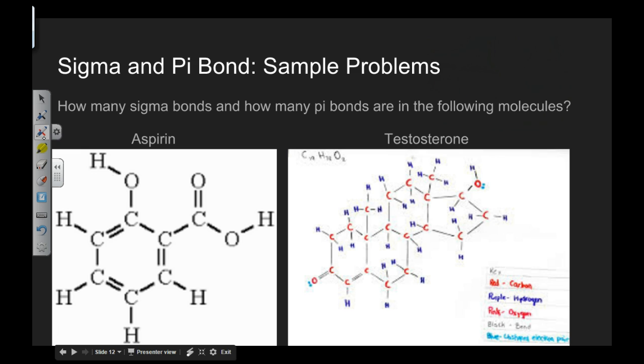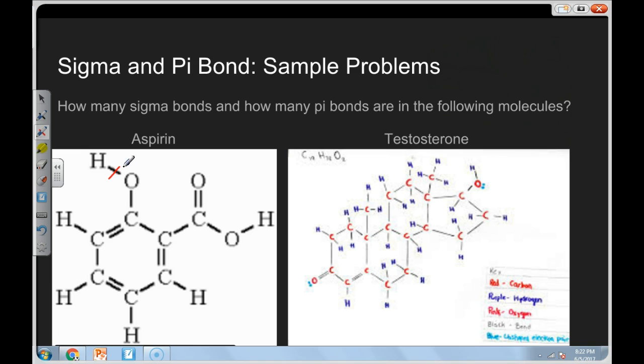There's 1, 2, one of these, 3, 4, 5, 6, 7, one of these, 8, one of these, 9, 10, 11, 12, 13, 14, 15, 16. So I count 16. The symbol for sigma is like a circle with an extra little line, because it's a lowercase sigma. You may be familiar with the capital sigma, which is the summation sign in math. The lowercase sigma is a little circle with an extended line over it.